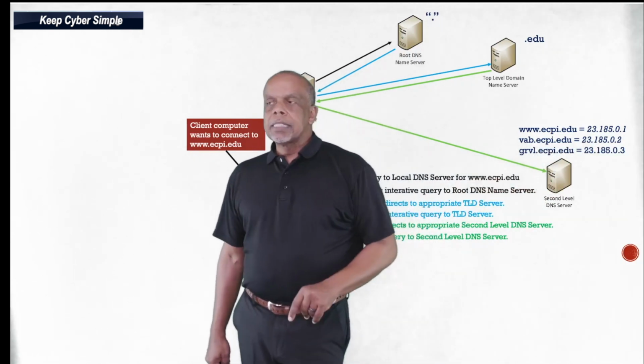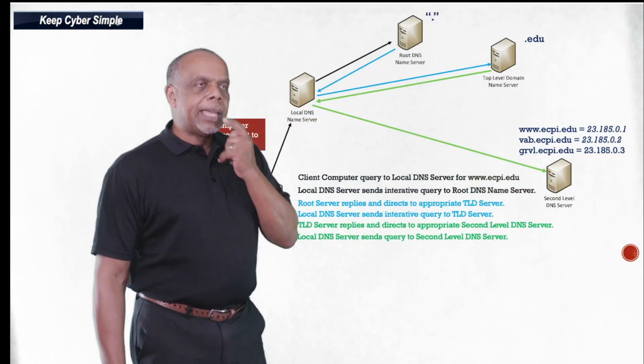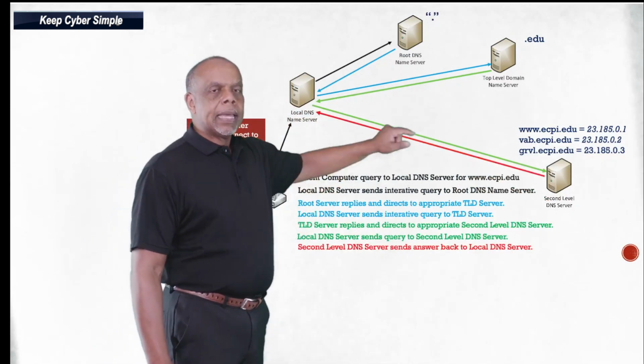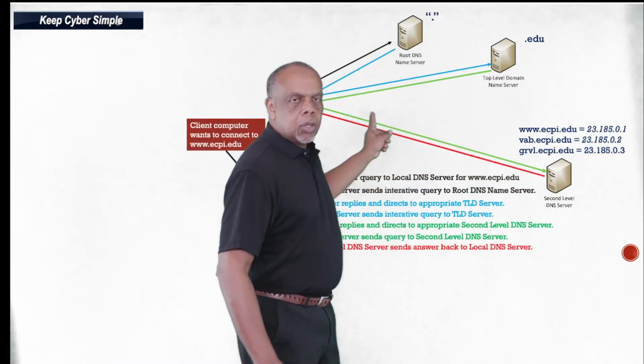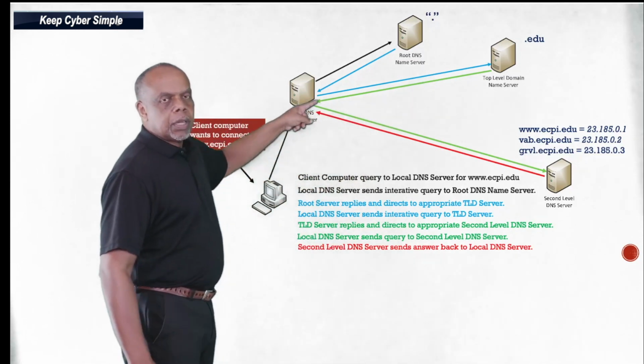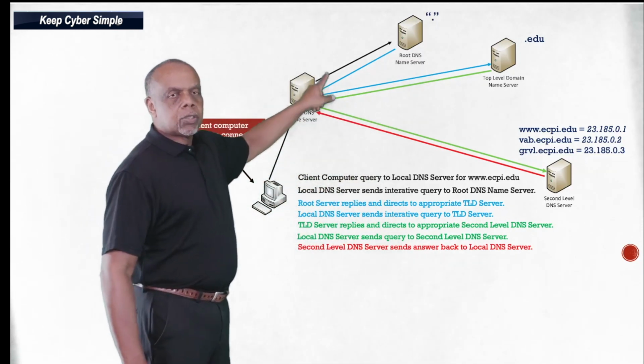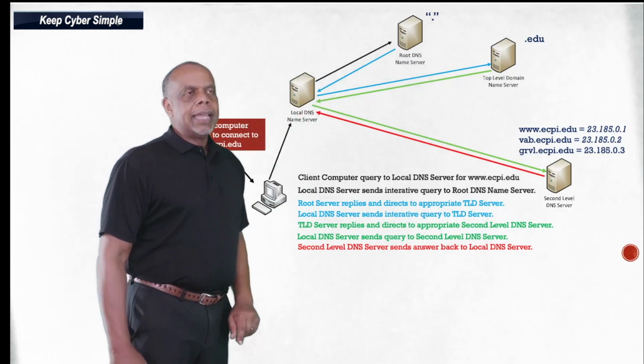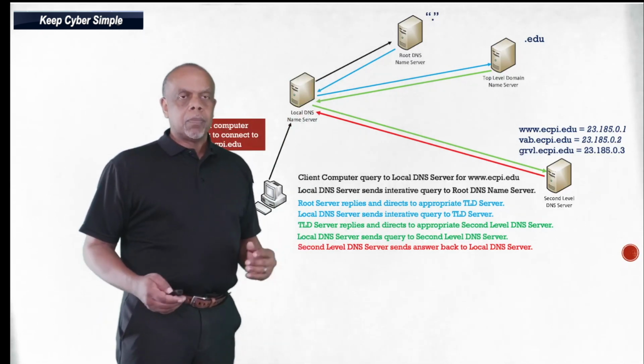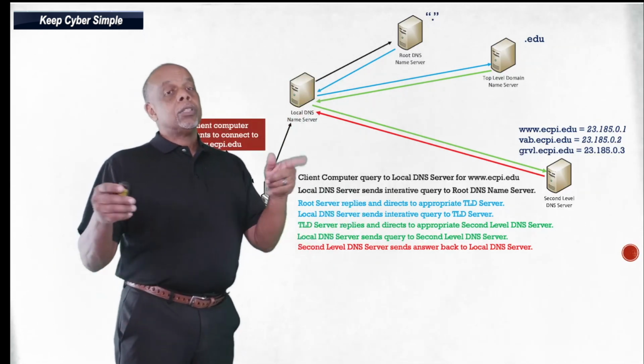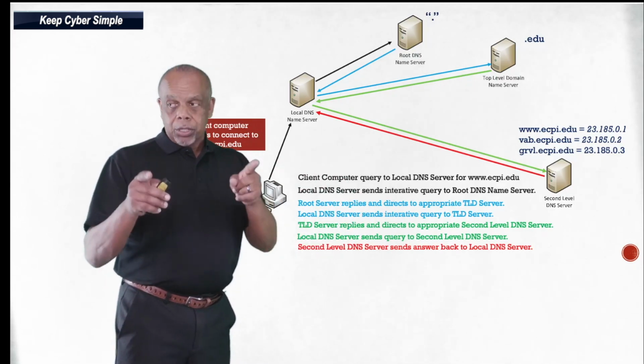So now that second level domain name server sends that back to your internet service provider's DNS server. And that DNS server looks like a hero to my computer because it says, don't worry about you, I got you.